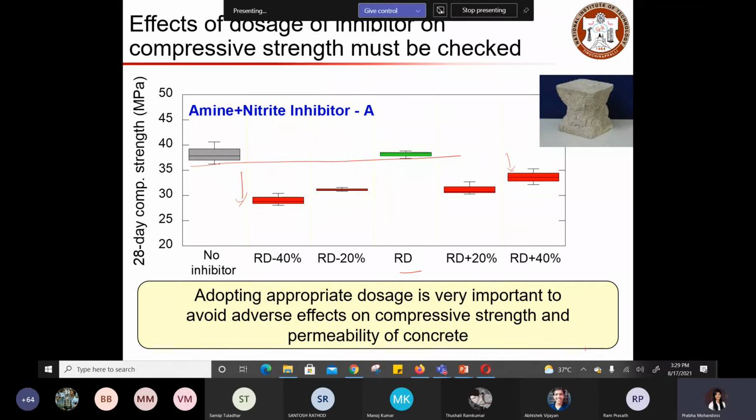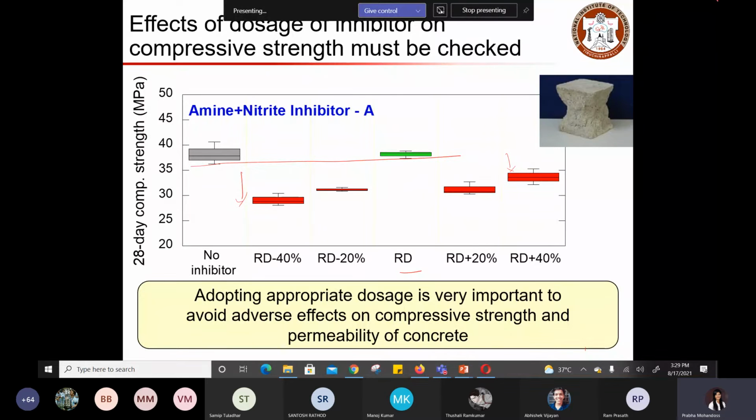But when you increase the corrosion inhibitor dosage level, you can see the reduction in the compressive strength of concrete at 28 days. Here the RD basically represents the required dosage of your inhibitor. The required dosage should be such that you have almost similar strength, right?